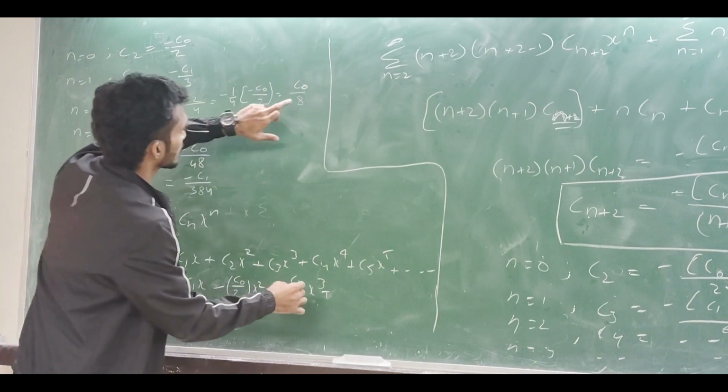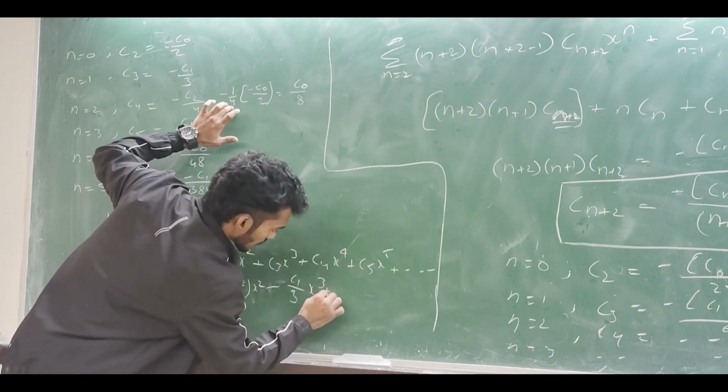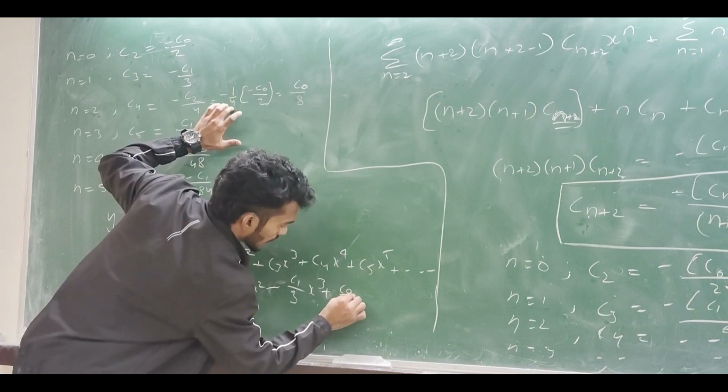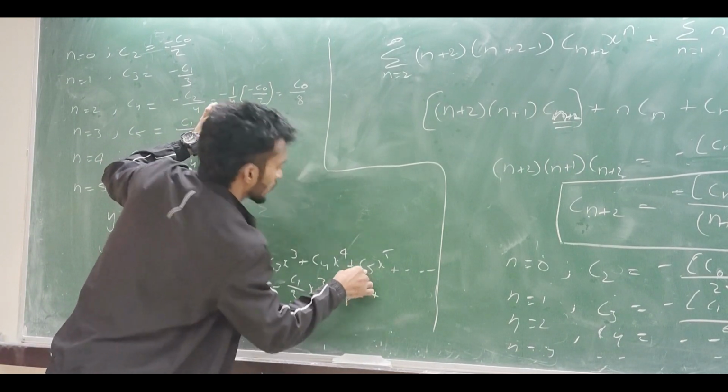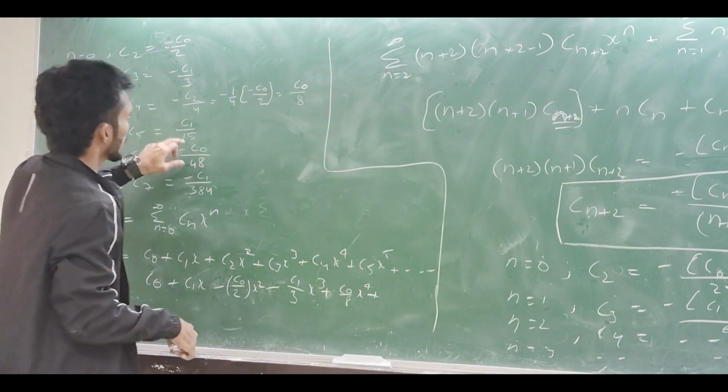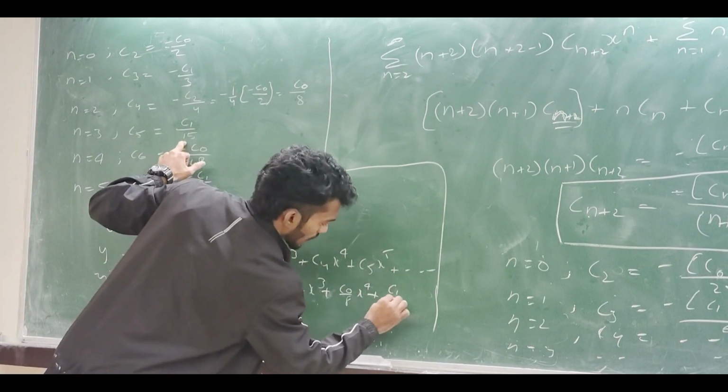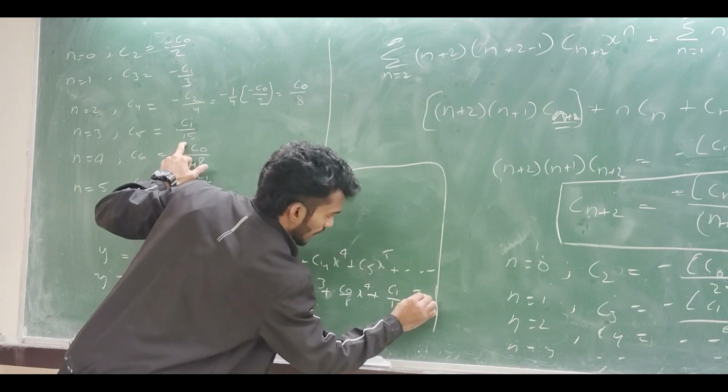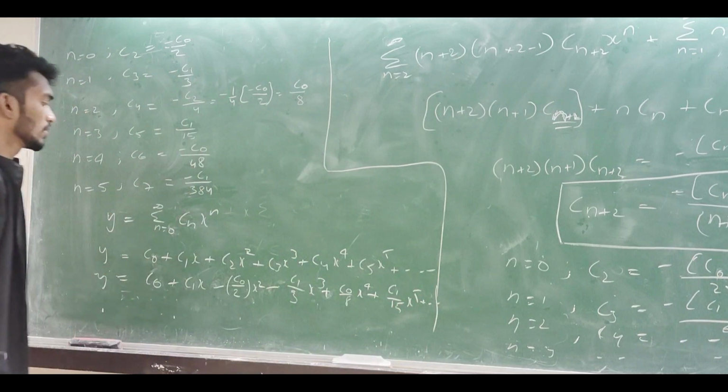C4 can be written as C0 by 8 into x to the power of 4, plus C5 can be written as C1 by 15 into x power 5, plus so on.